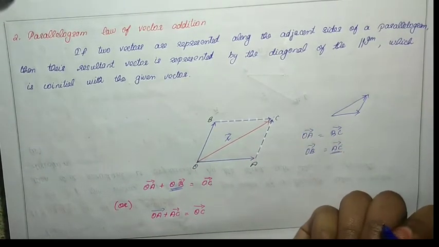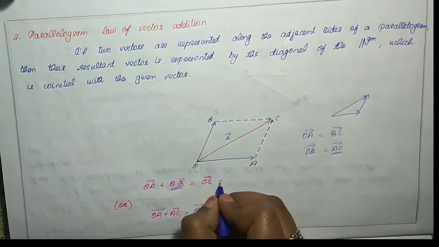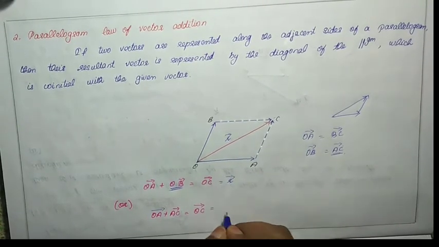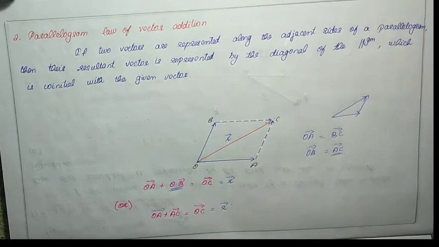Like that also you can say. Here I have named it as R vector, right? So here also you can add as R vector. I think you will be clear with the parallelogram law of vector and triangle law of vector addition.